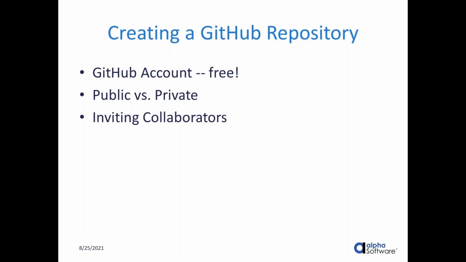You can create a public repository, which makes every file you ever add to it ever publicly visible to the entire world. And then there are private repositories, which cannot be seen publicly. You have to be a member of the repository in order to even see any of the files in it, which I recommend if you're going to go the route of GitHub to start private. You can always go public, but you cannot go the other direction.